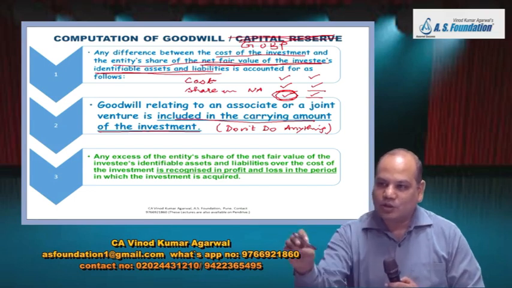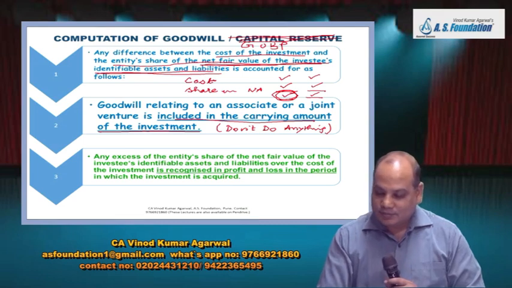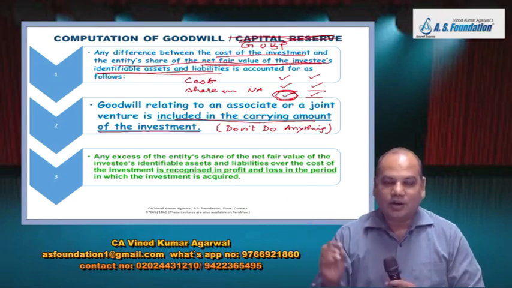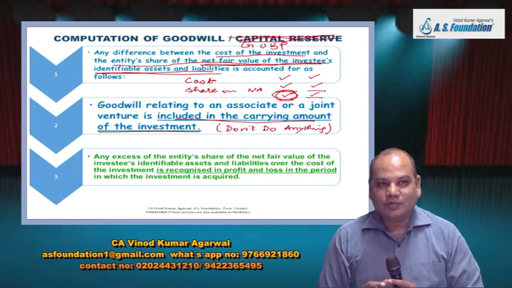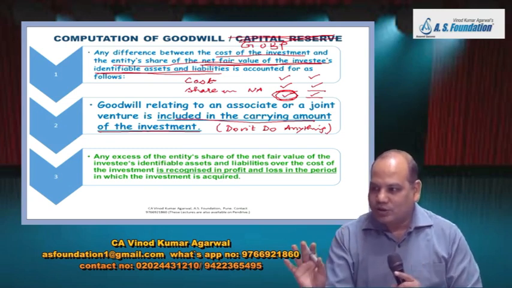It remains included in the carrying amount of investment. No disclosure. Yes, disclosure was required in Indian GAAP. That was AS 23. But here, if it is goodwill, don't do anything.